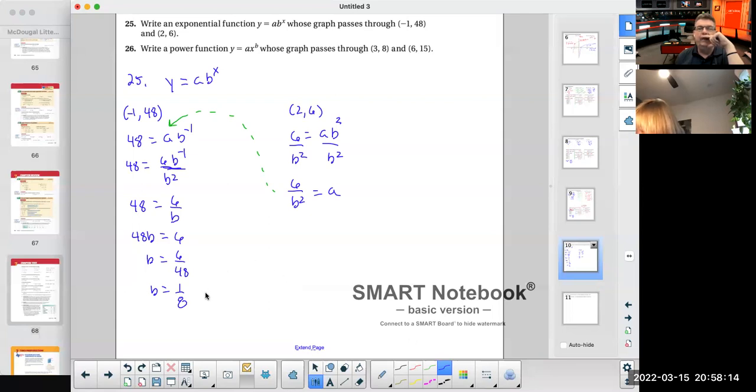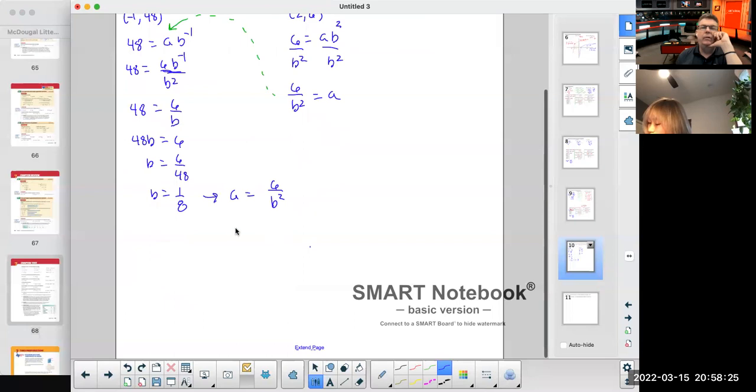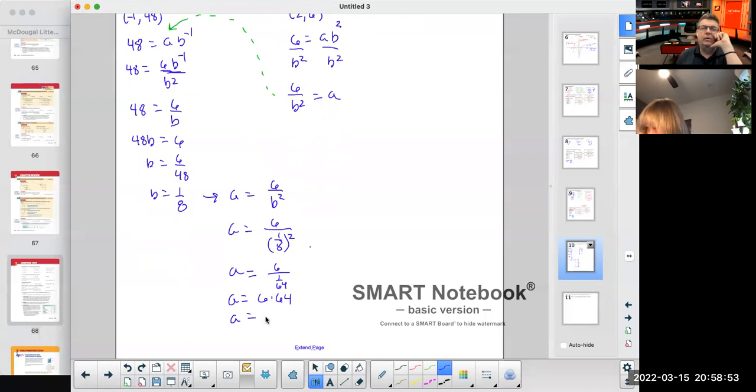Now we know that a equals 6 over b squared, don't we? So then we can use that and say that a equals 6 over (1 over 8) squared, equals 6 over 1 over 64, equals 6 times 64, equals 384.